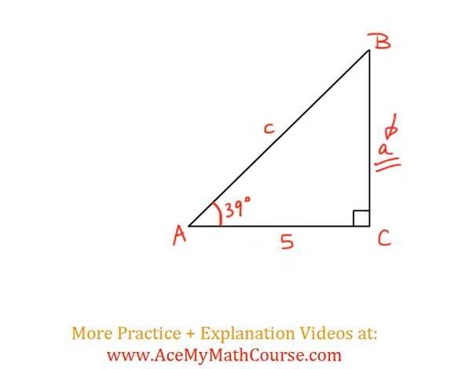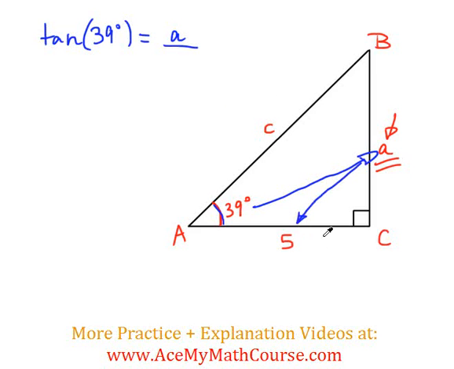And why is that? Well, because I know that the tangent of an angle, in this case I'm going to be using the tangent of angle A, which is 39 degrees, is going to be equal to the measure of the opposite side, in this case little a, over the adjacent side, which in this case is this side over here, which measures 5.